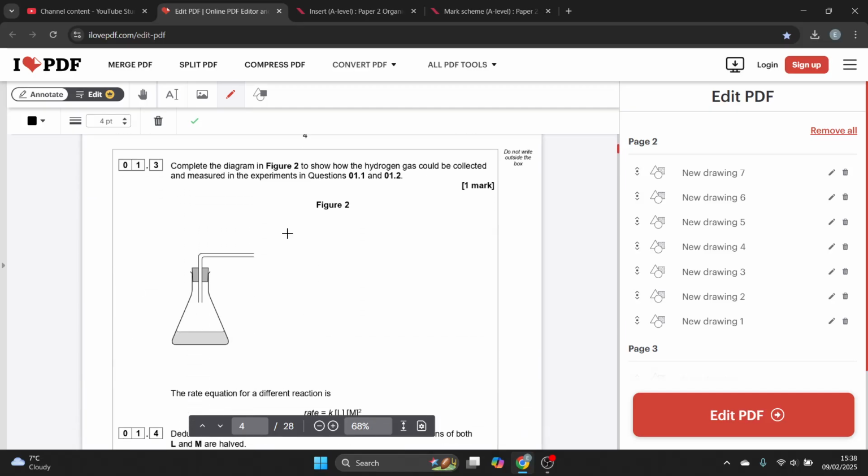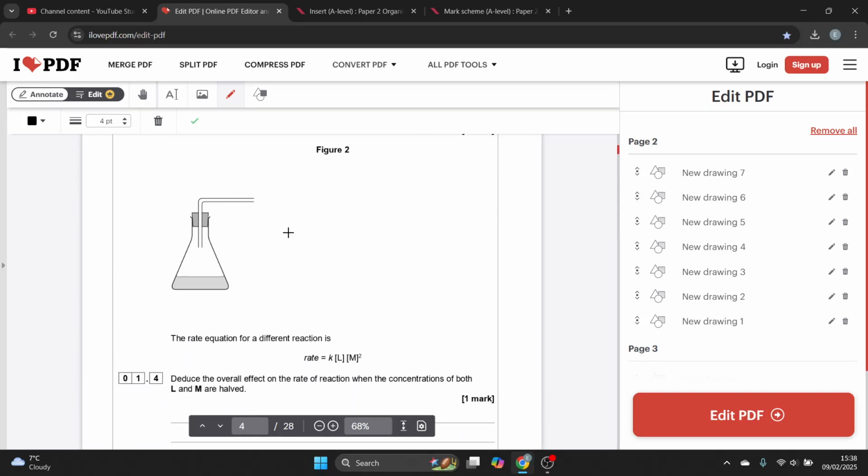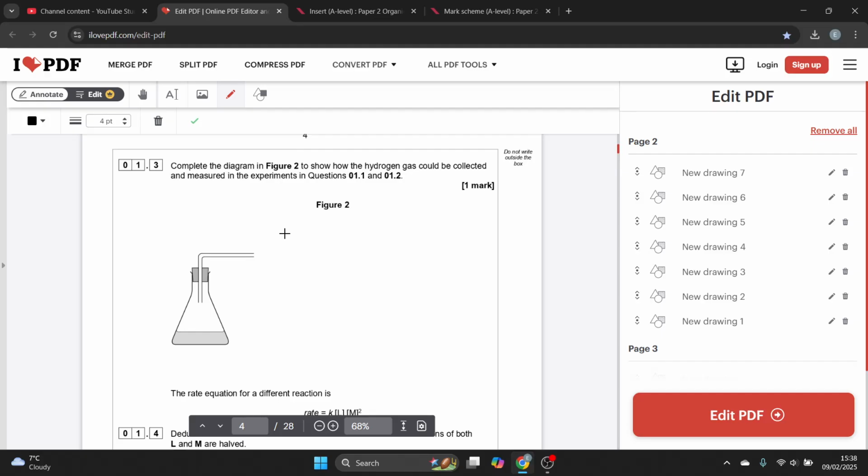Order is 2. Complete the diagram to show how the hydrogen gas should be collected and measured in the experiments in questions 1.1 and 1.2. There you go, and then there should be something here to attach it onto, and then here your gas syringe, and then you've got your stopwatch.